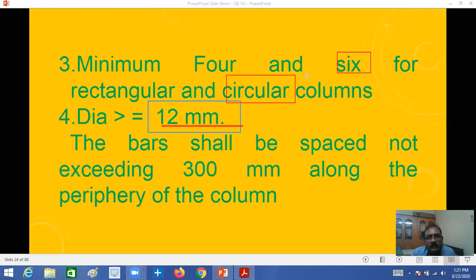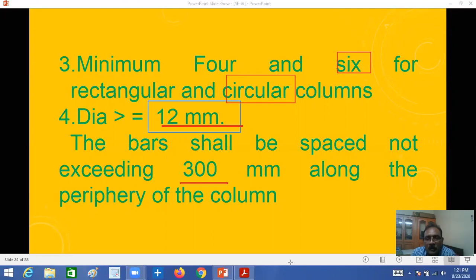These are the design requirements for the columns. The minimum diameter of the bar is 12 mm. The spacing of the bars should not exceed 300 mm along the periphery of the column.